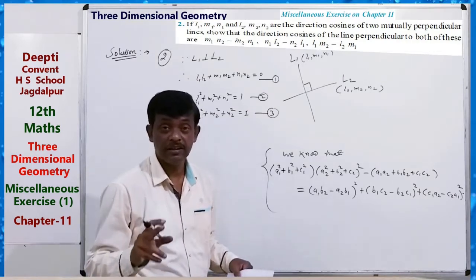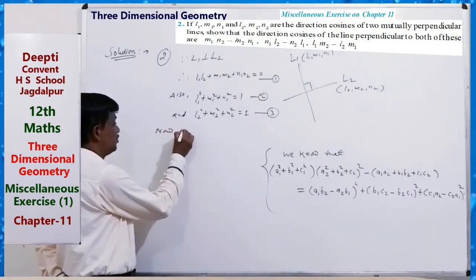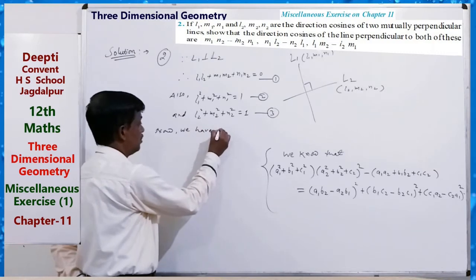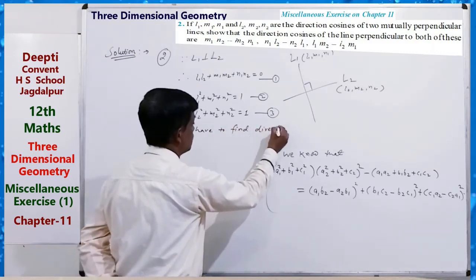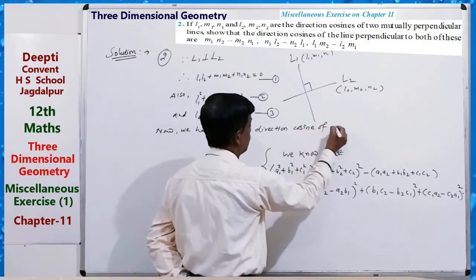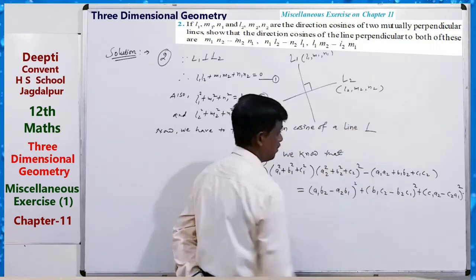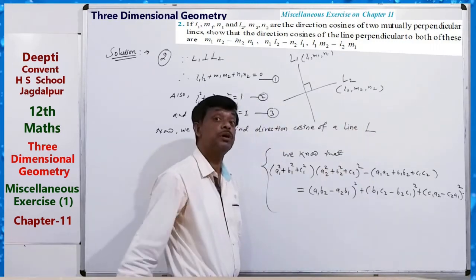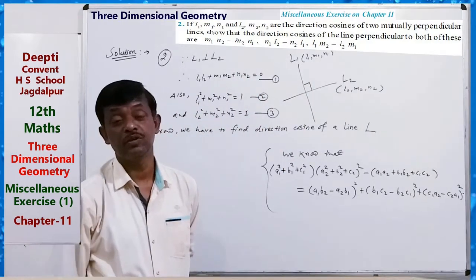We have to find now the direction cosines of a line L which is perpendicular to both of these lines.